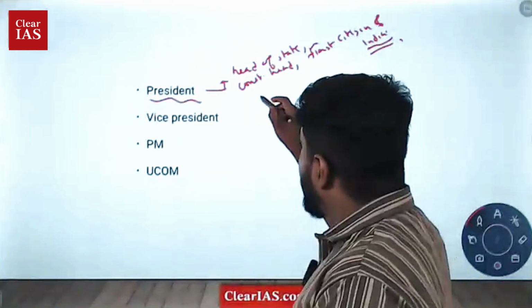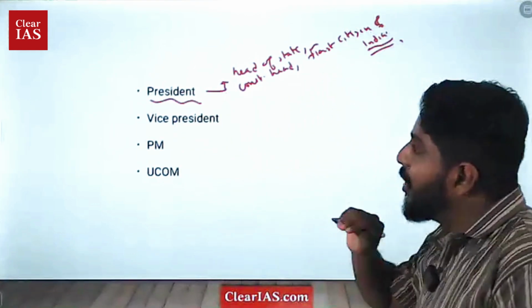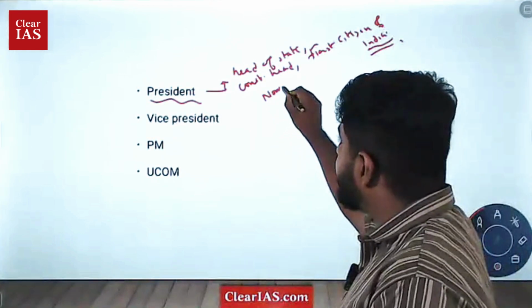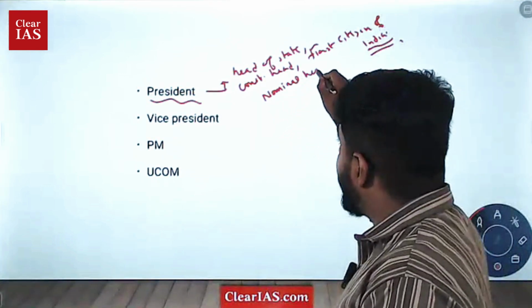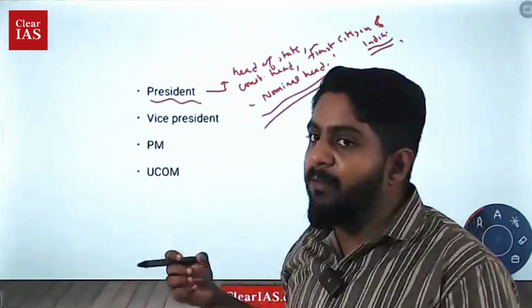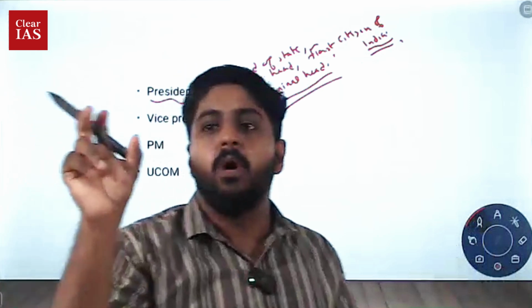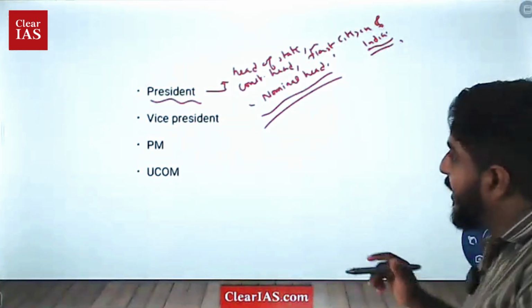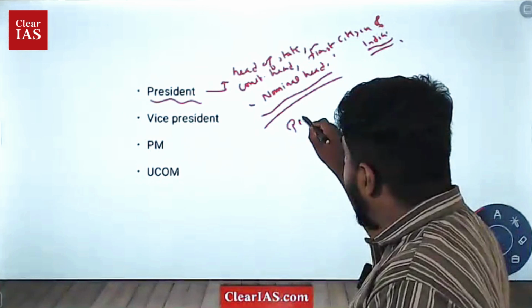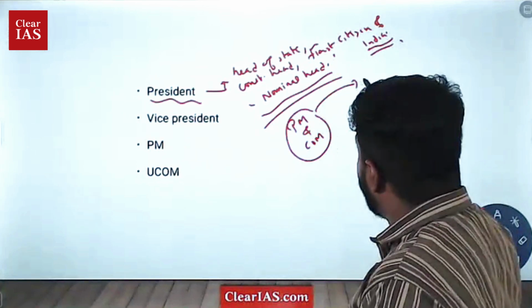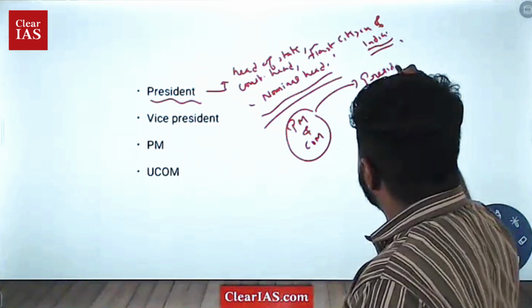Now, what is the role of the President of India? Sir, he is only the nominal head, which means he does not possess a vast range of power. He is just a symbolic head, in such a way that he will have to act upon the aid and advice of the Prime Minister and the Council of Ministers.